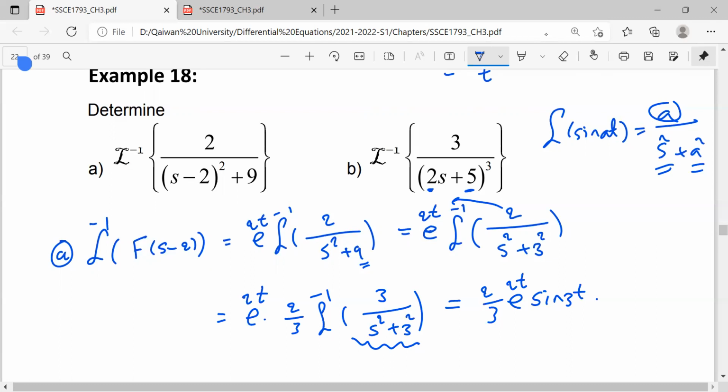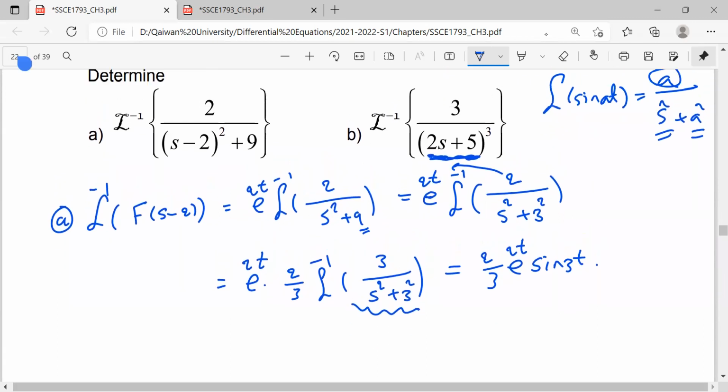So it's actually not that. This is a polynomial function actually. Here we take 2 first, and then we get s plus 5 over 2. Here a is minus 5 over 2. So it's f of s minus a.